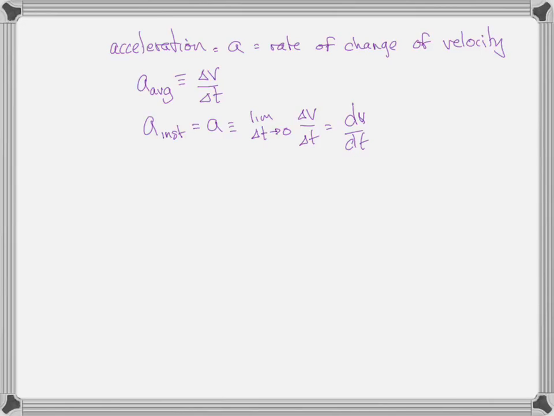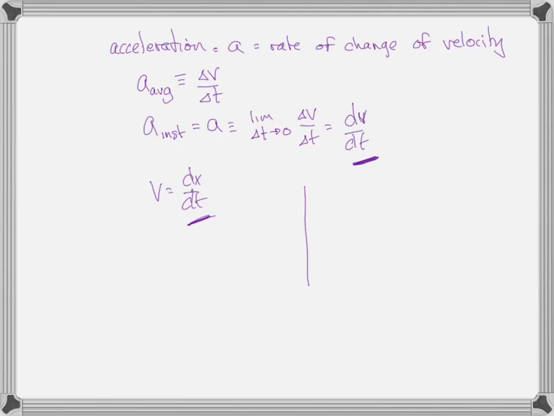It's the derivative or the slope of the velocity versus time graph. It's really important to understand that this means the slope of the velocity versus time graph. And when we wrote that velocity is dx/dt, this is the slope of the position versus time graph. So you need to be able to read these off a graph. You need to be able to look at the slope and just talk about it.